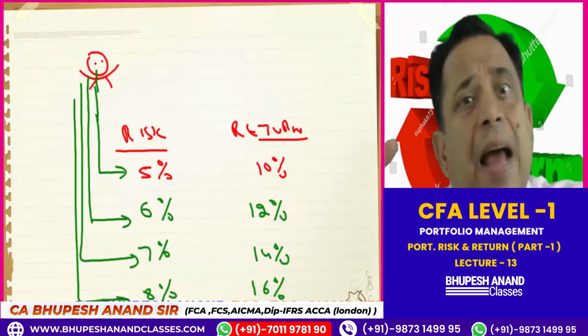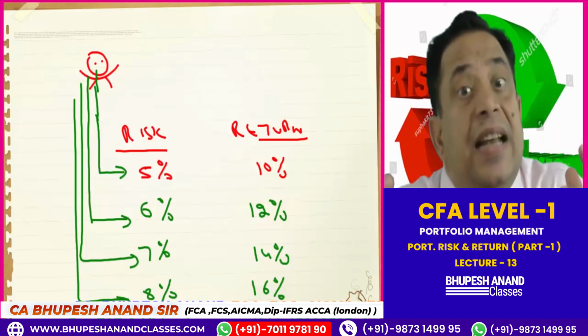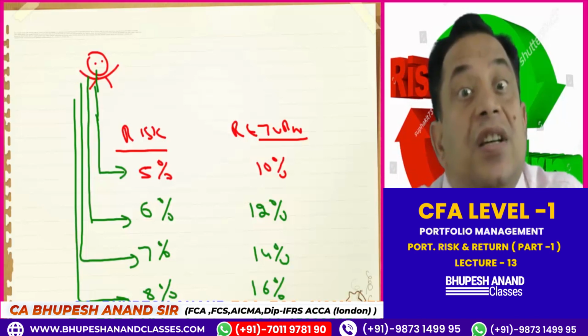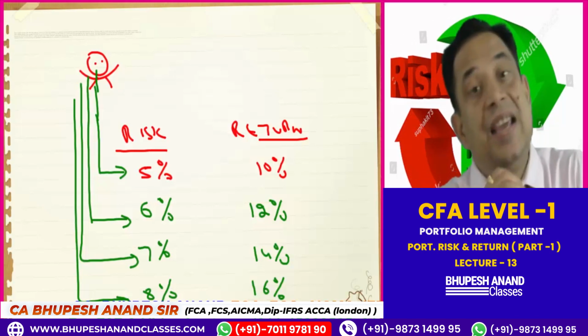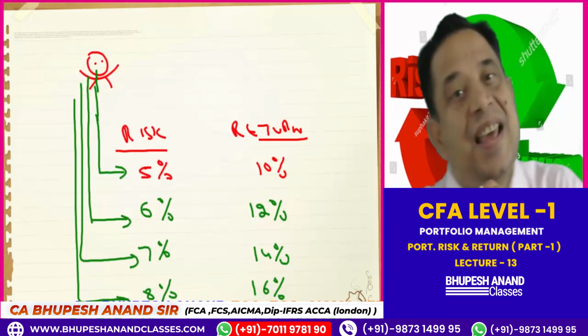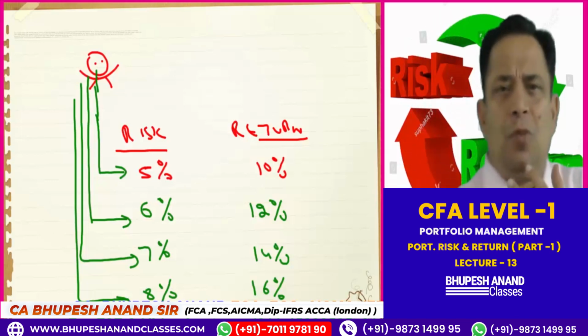So he will feel happy at any of the points. So when he is getting the same level of satisfaction at any of the points, he will be selecting any of the portfolios between those.